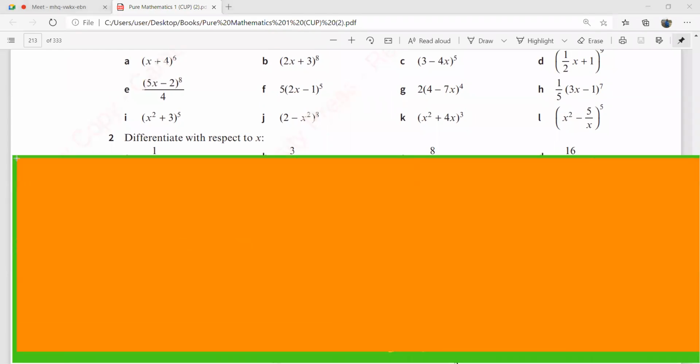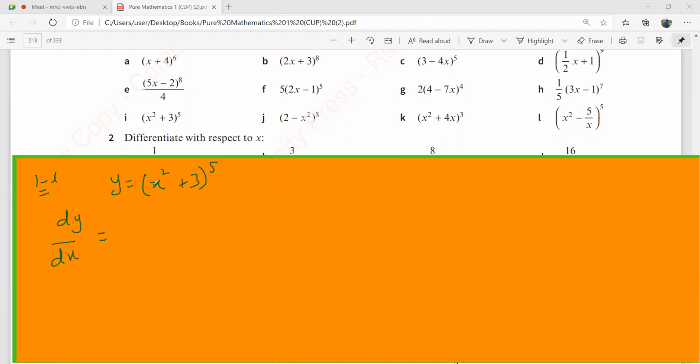Now in this part I, you have a quadratic expression inside these brackets. Let me put this equal to y, because I don't like writing d by dx again and again. So y equals x squared plus 3 to the power 5. Differentiating this means finding dy by dx.